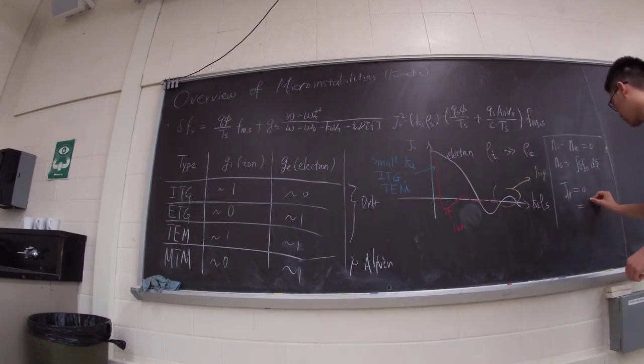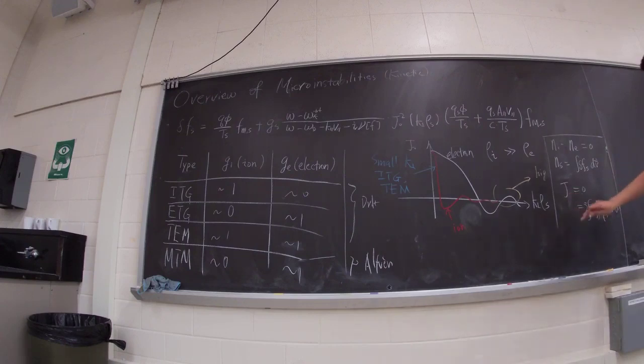You can just calculate the first moment of the integral, and you can arrive at a dispersion relation. Then you can study the features of all those different types of modes, which I will talk about in a separate video in detail.